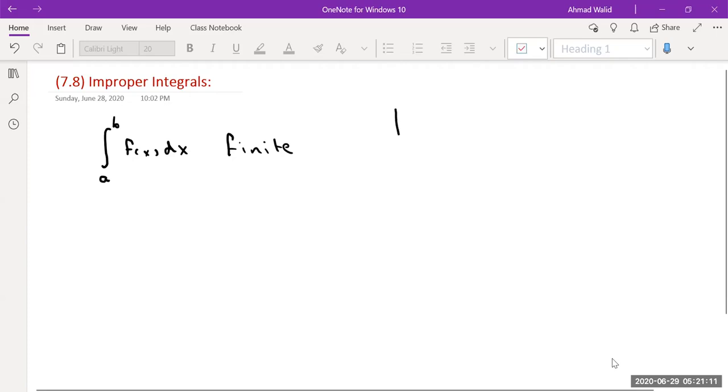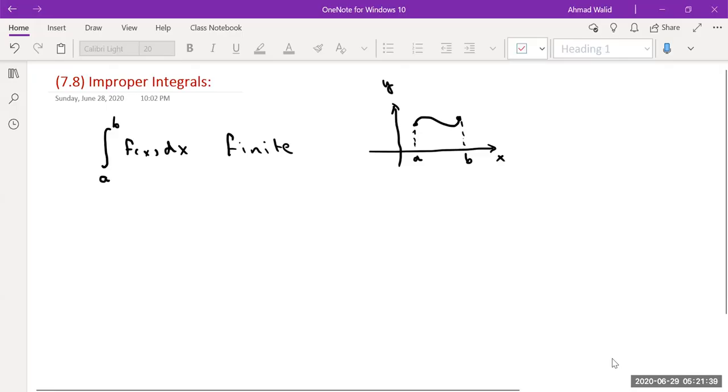If I draw a graph for you, for example, this is x, this is y, and my famous curve that I always use. This point is a, this point is b. Actually, integral means finding the area under the curve. It's finite. So it starts from somewhere, it ends somewhere else.